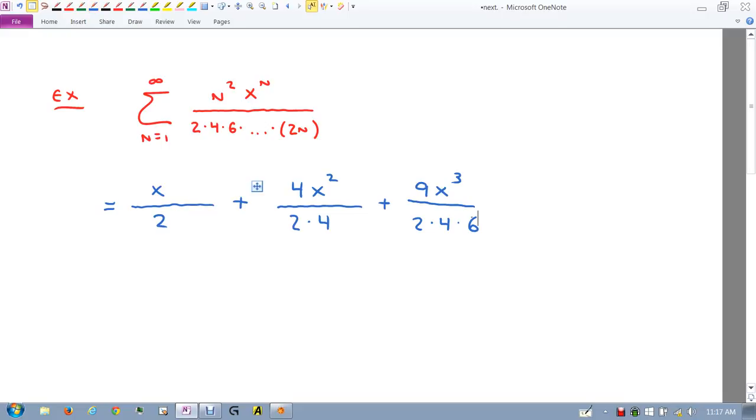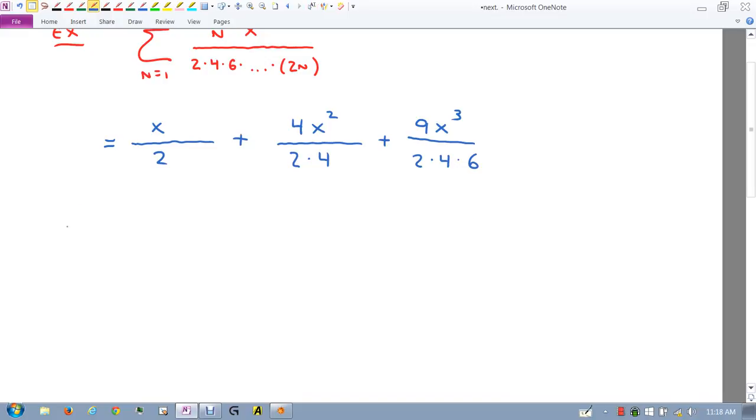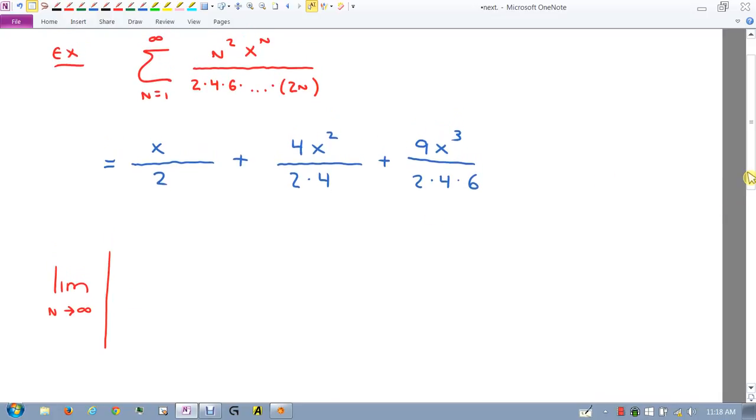What we need to do is figure out the radius of convergence and interval of convergence. So we're going to do our limit. We're going to let n go to infinity. Since we have a fraction, I'll set up my ratio. So let's try and do this, replacing n with n plus 1: n plus 1 squared, x to the n times x, over, and here's the tricky part, 2 times 4 times 6 times ... times, now, I'm replacing n with n plus 1, right?